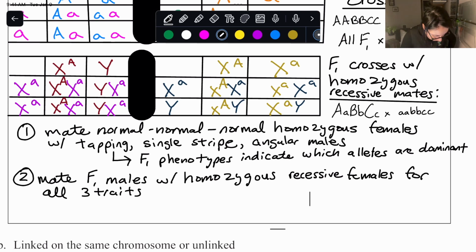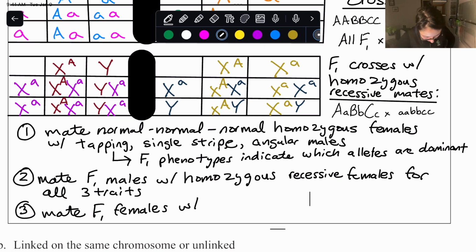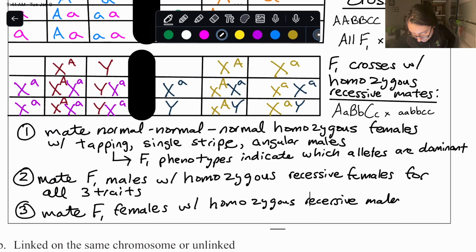And then you're going to do the following: mate F1 females with homozygous recessive males for all 3 traits.